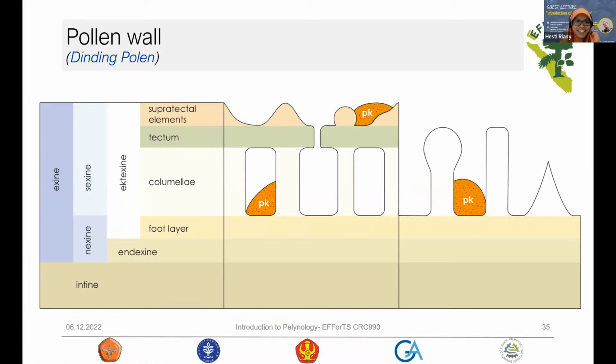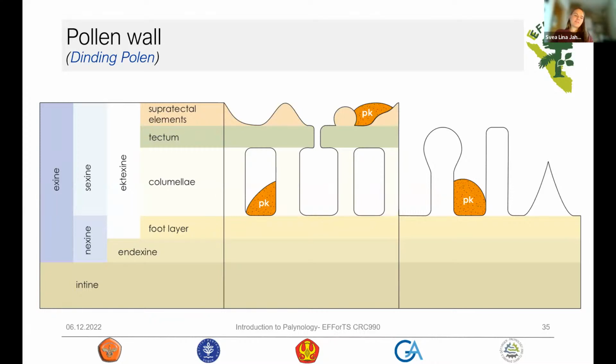Svea, may I ask before I forget: when we want to see the pollen wall, do we have to see it by electron microscope? If we want to identify the pollen wall, to know how thick the exine or intine is, does it mean we have to see it under the electron microscope?